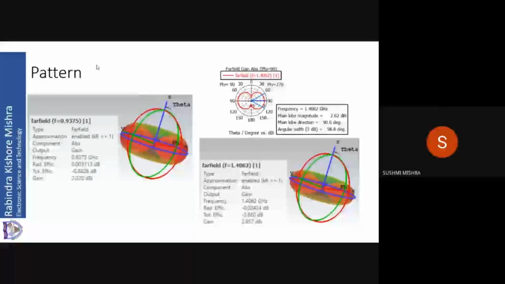Both the cuts show you this clearly. The 3 by 4 lambda is a narrower figure of 8 compared to the lambda by 2, half wave dipole antenna, which means this is more directive. As I increase the length, it becomes more directive.